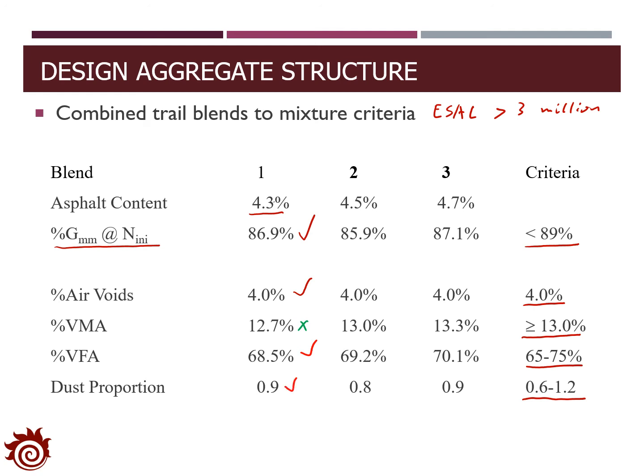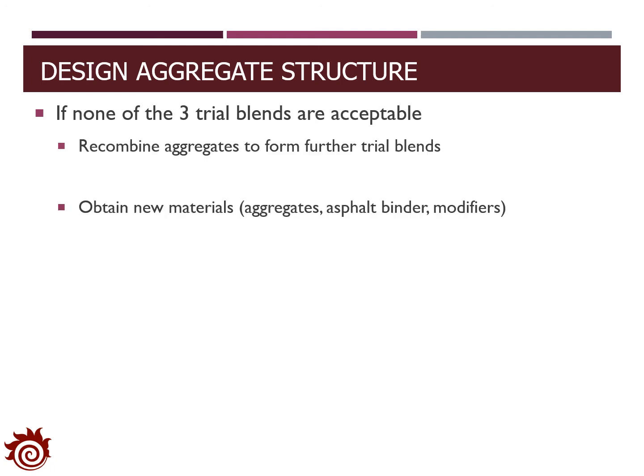So in general, we can claim that trial 1 is not appropriate for the design, while the other two trials, 2 and 3, satisfy all the requirements, and we can claim that they are appropriate aggregate structures for the pavement design. If we find that none of the 3 trial blends in the experiment satisfy the requirements, then we have to consider an alternative method.